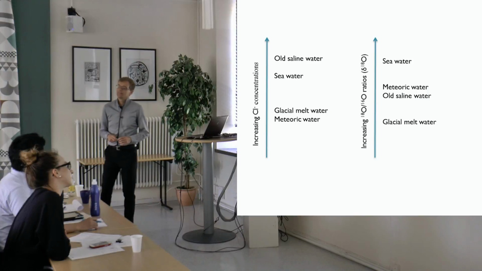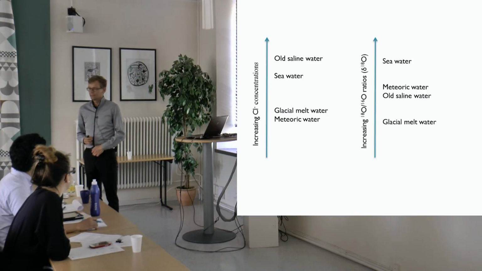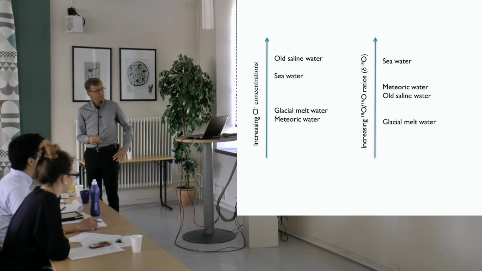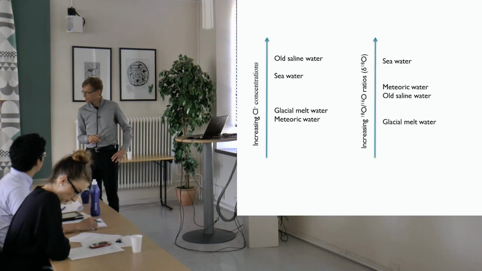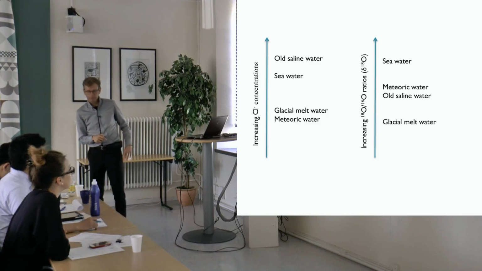So actually, just by measuring chloride or salinity in different fractures, we can get a first idea, of course. Is this fresh? Is this saline? But we would not be able to separate these two, and these can also be quite hard to separate because they can have quite similar chloride concentrations.